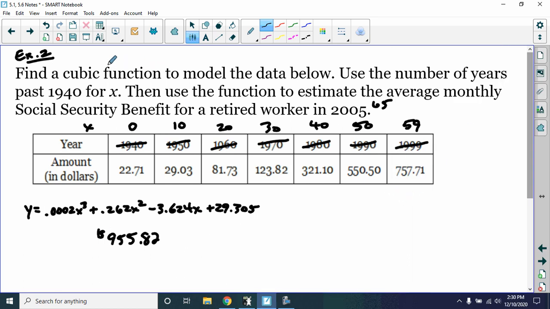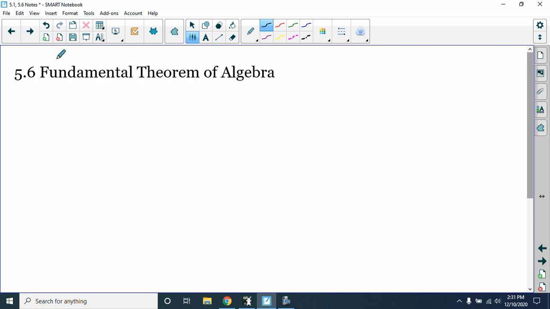And one more thing we need to look at, everything that we've done so far is in 5.1. This is officially 5.6. 5.6 has lots of theorems in it, but the one that we need to know is called the fundamental theorem of algebra.